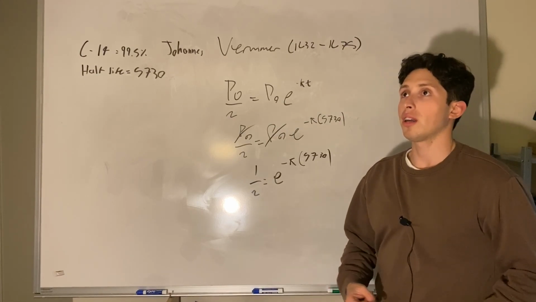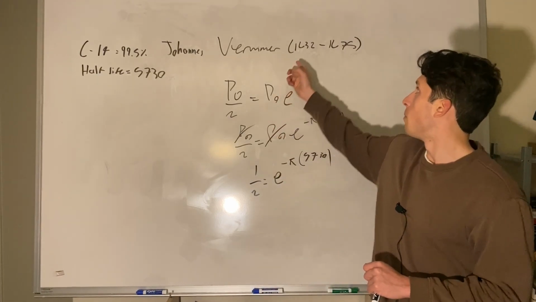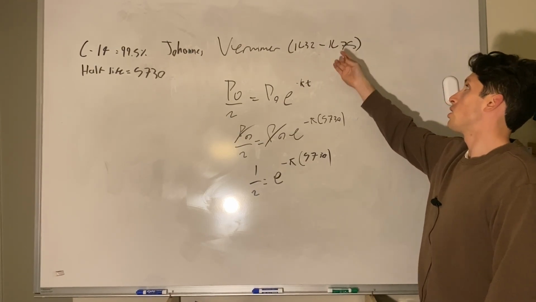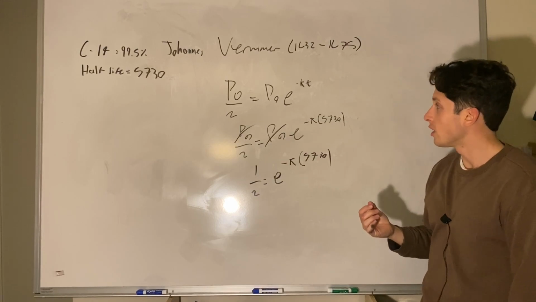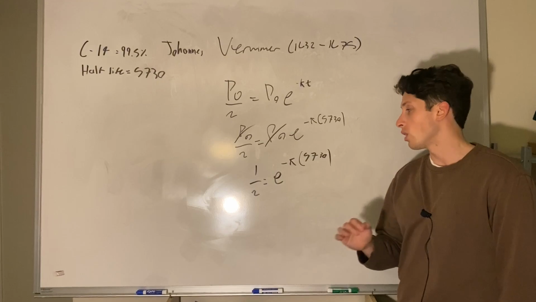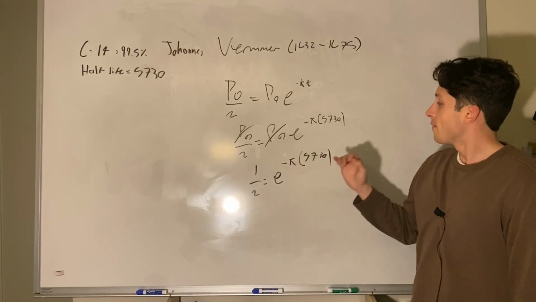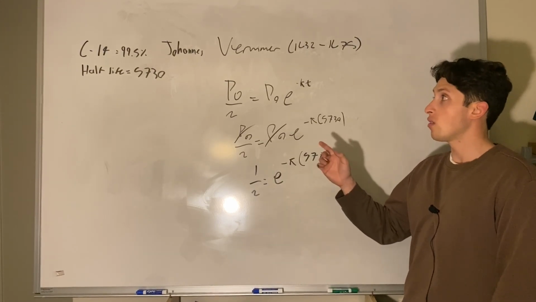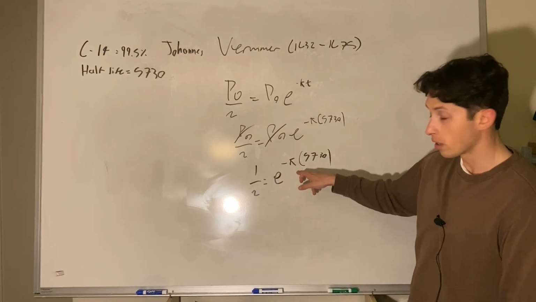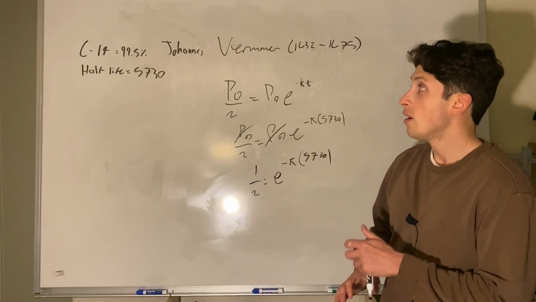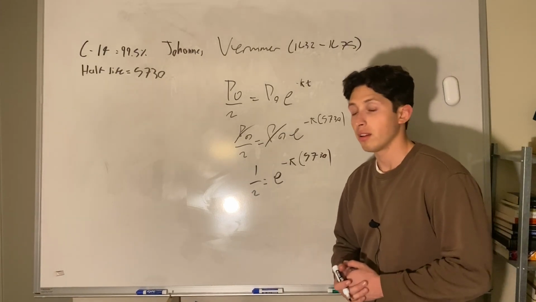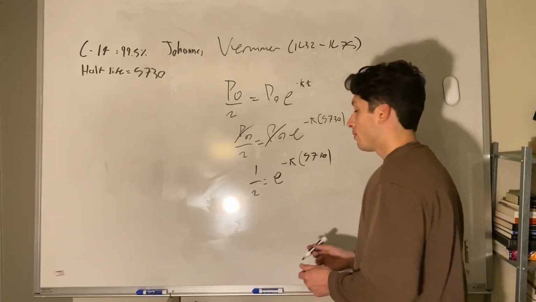We want to know if a painting from the 15th century is going to be 99.5%. We are trying to determine that, and to determine that we need to know the rate at which this C14 carbon decayed. This is why we're solving for k. We're trying to find the truth using math, which is the best goal in life.